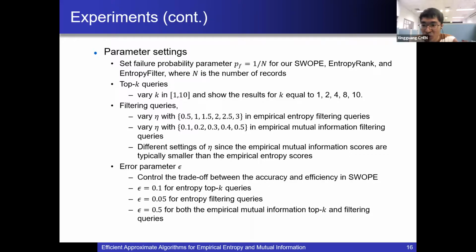When epsilon is 0.5, it achieves the best trade-off between the query efficiency and accuracy on both the empirical mutual information top K and filtering queries. In the experiments, we set this value of epsilon as default values in our corresponding top K and filtering queries.